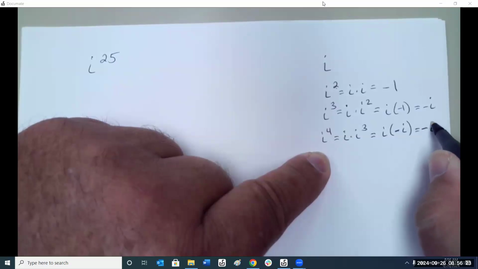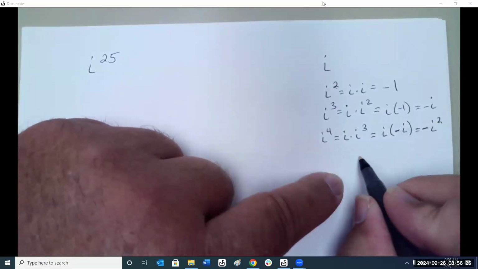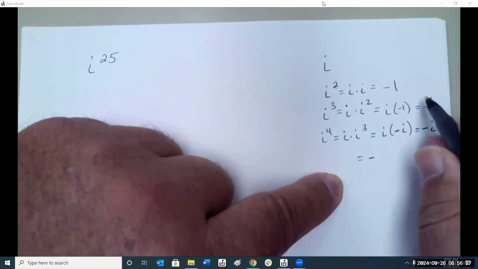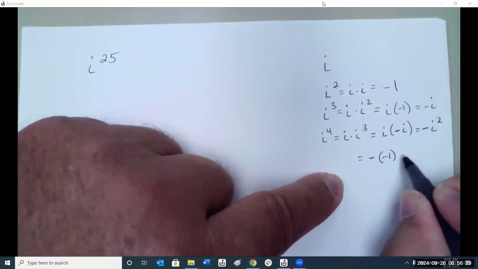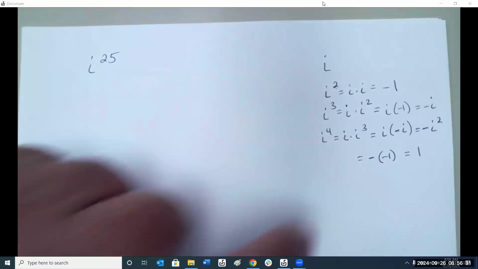So negative i squared. i squared is -1, so it's +1.